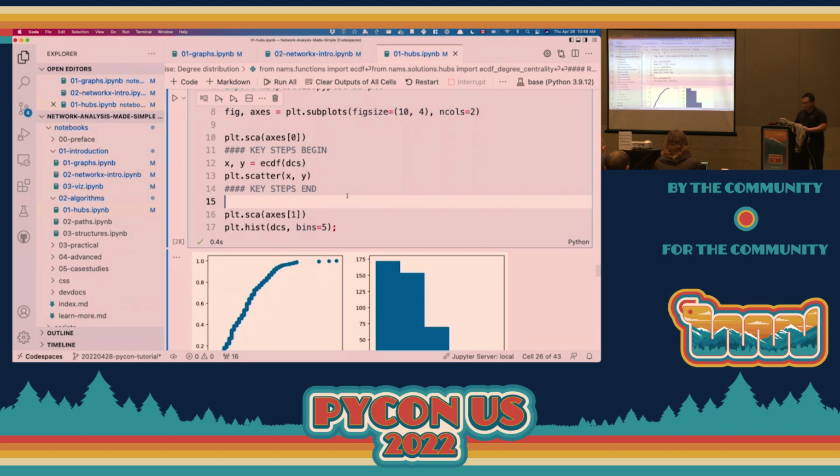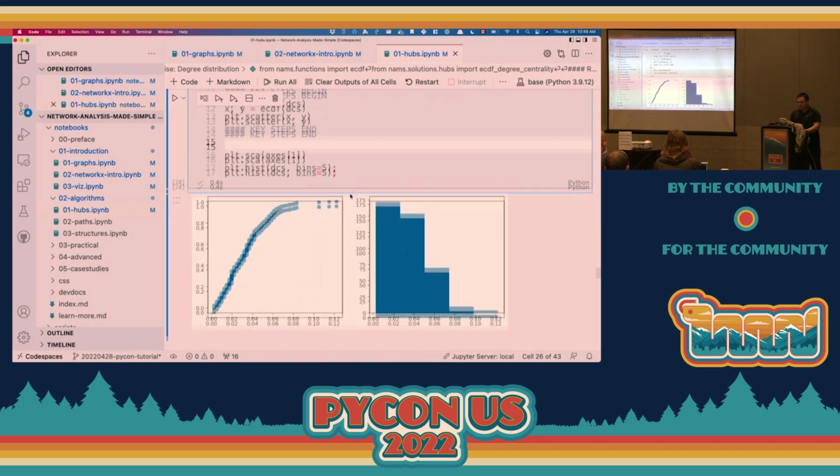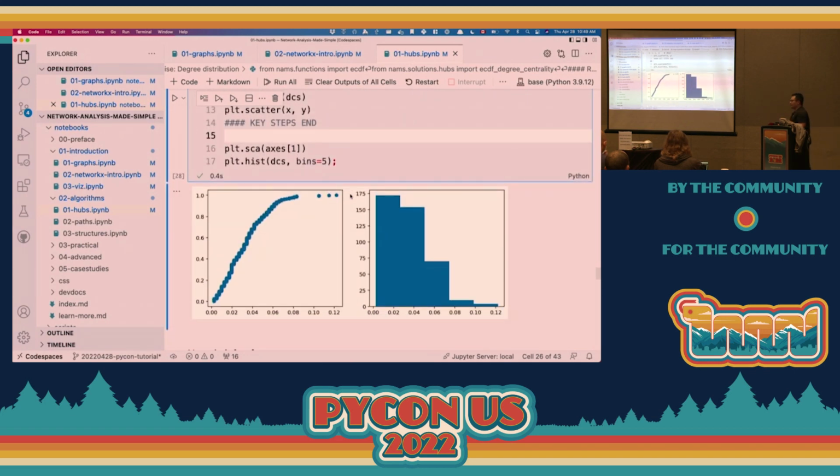Okay, cool. So let's take a look at what's going on over here. I'm going to first explain the ECDF. Then I'm going to explain why visualizing the distribution of some metrics of a graph is really important. First off, let's take a look at the ECDF. You have, on the x-axis, like I mentioned, all the values that are present in your data set. And then on the y-axis, it is the cumulative fraction of data points that have a particular value or less, okay?